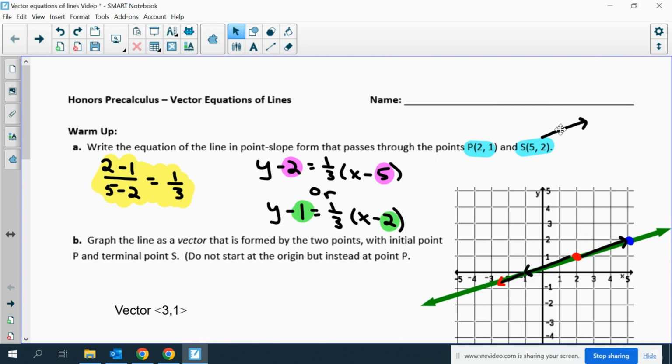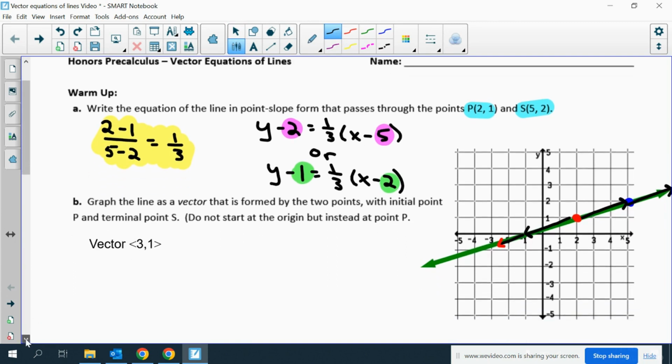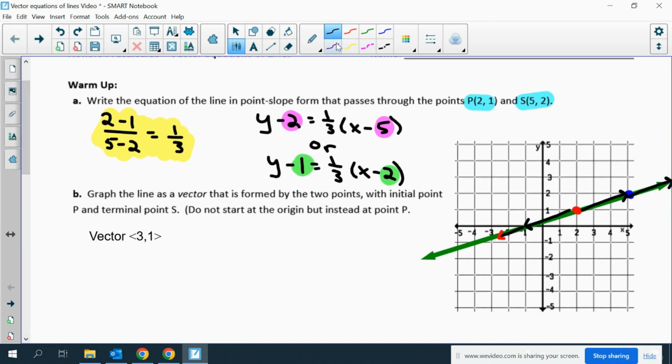I can just take vectors and extend them infinitely in both directions, depending on how long I make this vector. So I just took the vector (3, 1), then I kept sticking it there, or (-3, -1). But basically what I'm doing is I'm starting at a particular point.